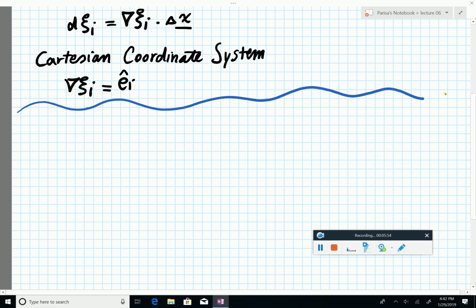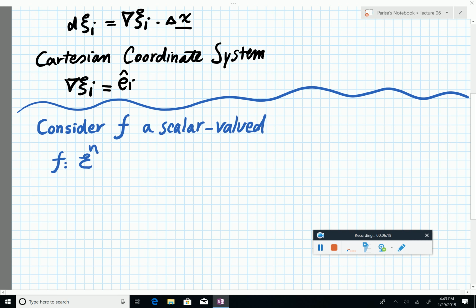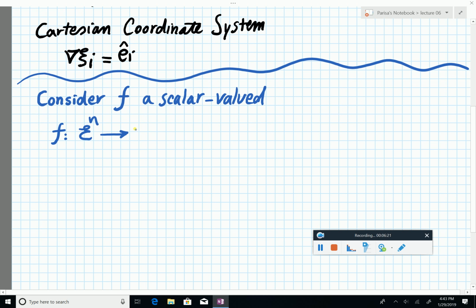I consider f to be a scalar valued function which is mapping the points into R. And I just reviewed this for you, that you all told me that you know what the gradient is.